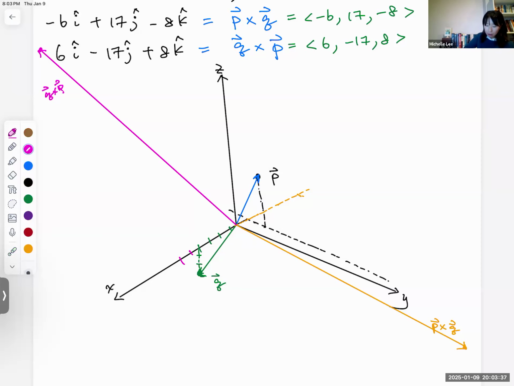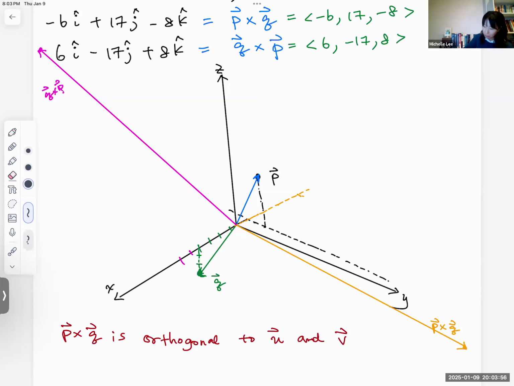Let me write down. Can you see that the cross product of P and Q is orthogonal to U and V?